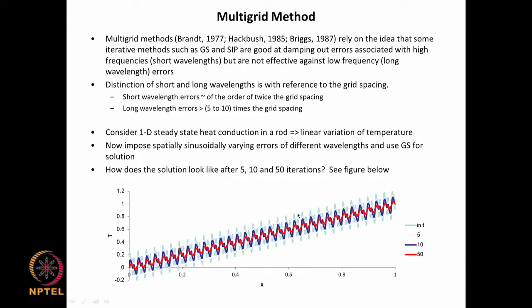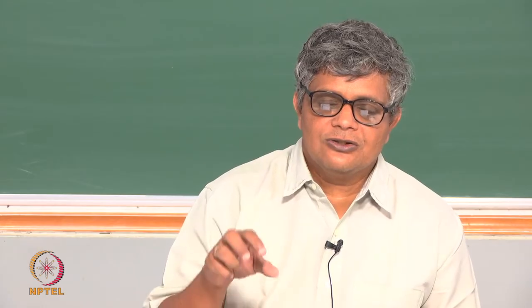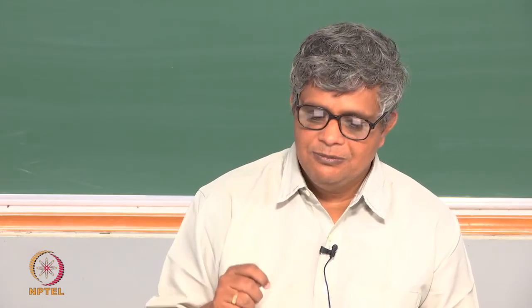Now, what we are doing here is that on this true linear variation, we are introducing some error which is spatially distributed in the form of sinusoidal wave components, and what you see very faintly here, and we will see later, is the error which is superposed on this linear variation. That is why you have this waviness, and this waviness is composed of 3-4 different wavelengths, one which is short wavelength, one which is bigger, and one which is even bigger.